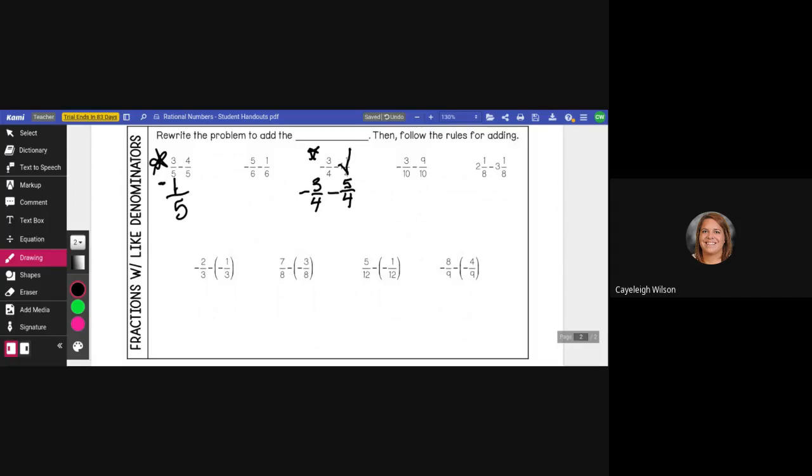And then I look at the numerators because I know it's going to be something over 4. So negative 3 minus 5. So negative 3, negative 5. So that is same sign, add and keep. So 3 plus 5 is 8. I keep the negative. And remember, if you can reduce, you should. So 8 divided by 4 is 2. So that actually reduces to the whole number of negative 2.